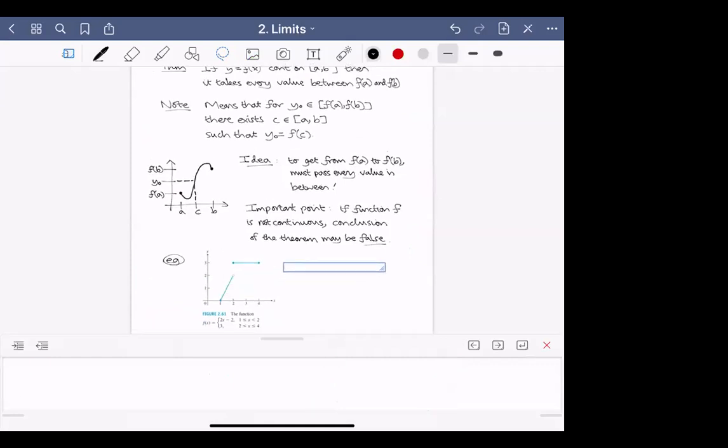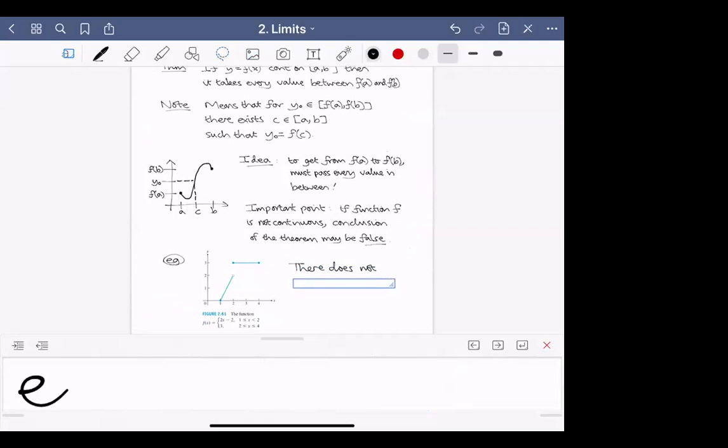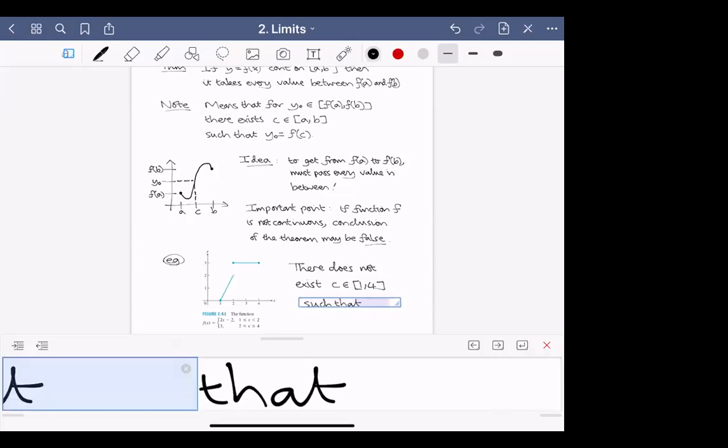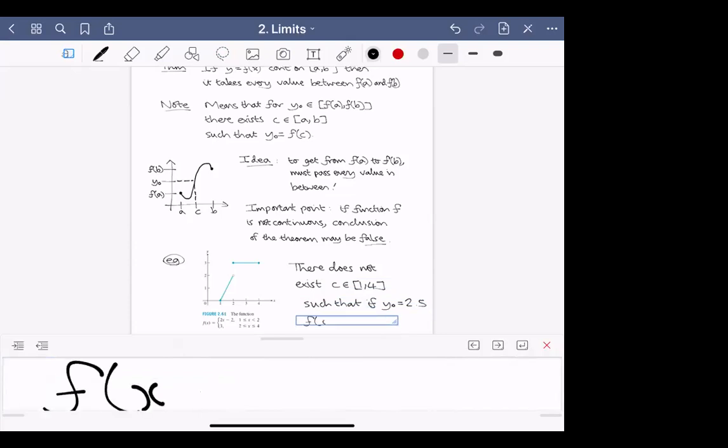If I take a function f like this, there does not exist any c in the domain, which is 1 to 4, such that, if y0 is 2.5, for instance, y0 equals f(c).